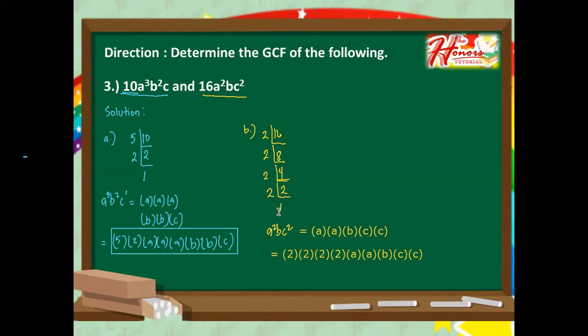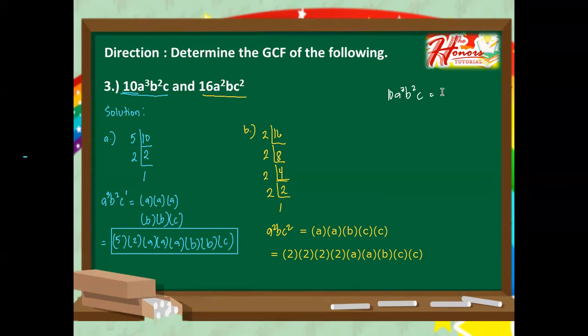Now, we know the prime factors of each term. Now, let's look for the GCF. So I will be using again the right side of the board. I will be writing the factors of 10a cubed b squared c here.